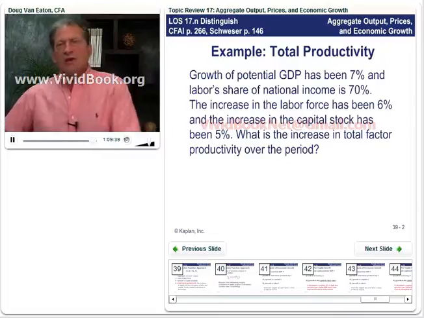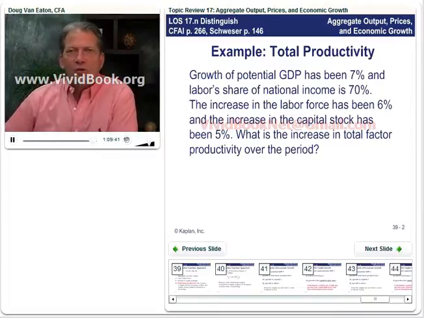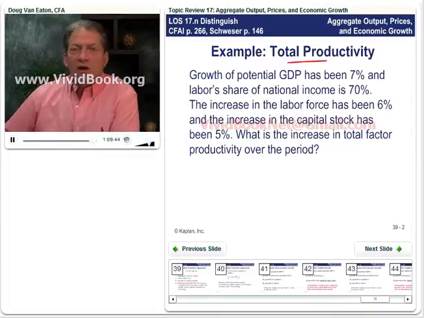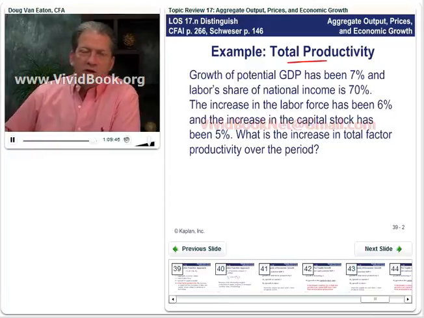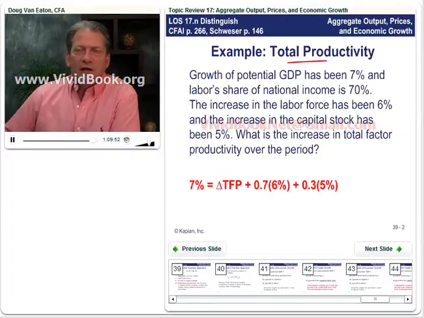Let's take a look at a numerical example of this total factor productivity. I mean, the math is certainly not challenging. We need to remember the formula, but it gives us some insights into this model so we understand it better. Okay. Here was our formula. It said the growth in potential GDP equals change in total factor productivity. Okay.